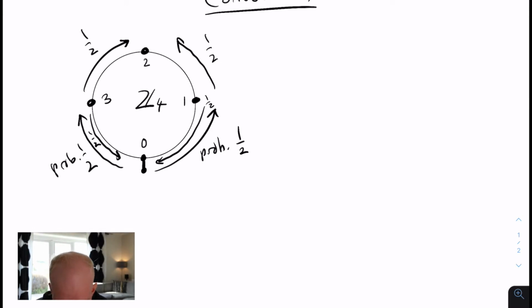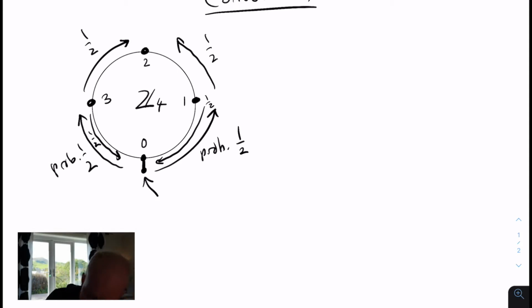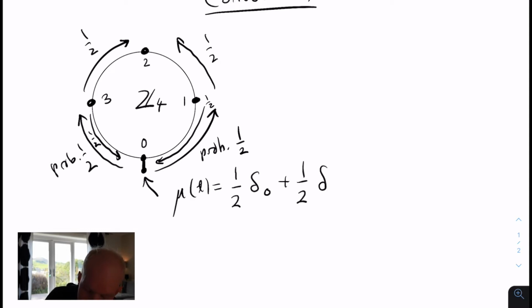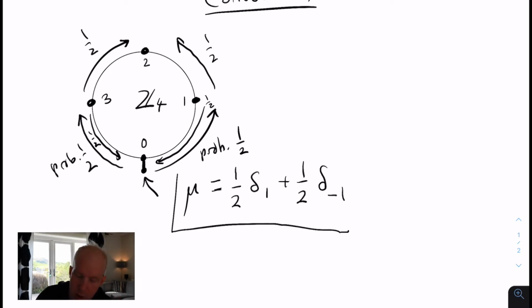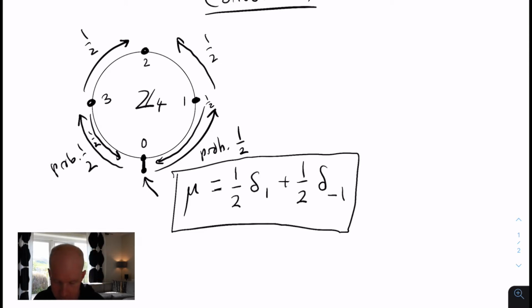So basically, we start at this point and take a random choice according to the probability distribution mu, which is given by half of the Dirac mass at 1 plus half of the Dirac mass at -1.